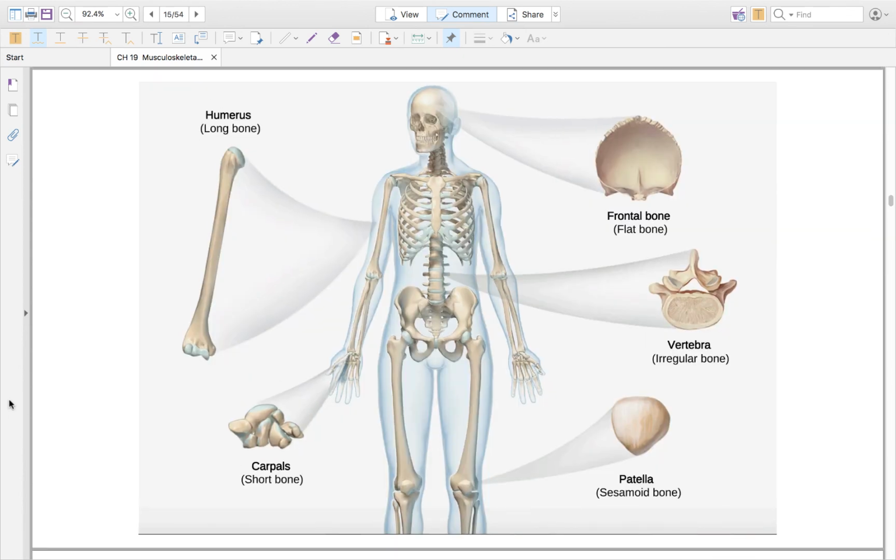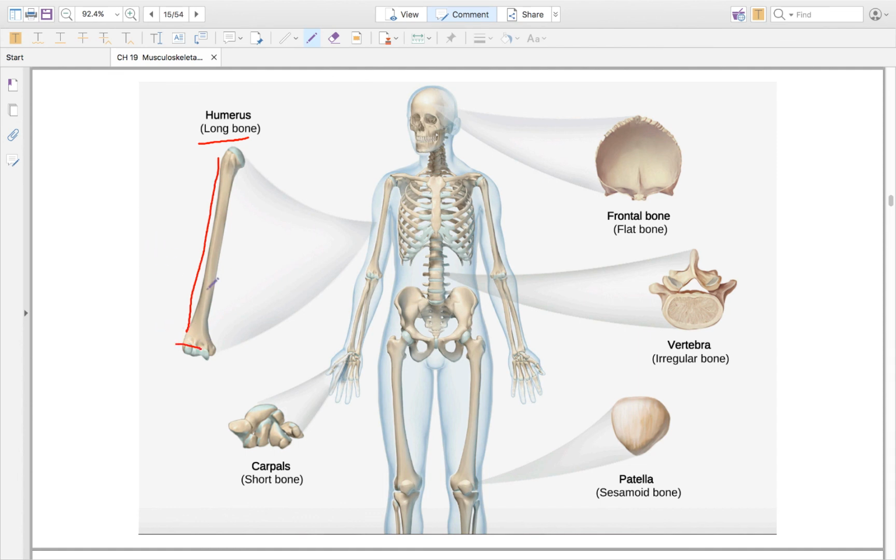Okay, we have different types of bones, different shapes. So we have our long bone, like this. And basically a long bone is not necessarily always long, like the bones in your arm or your leg. Most of them are, but why they're called a long bone is because the length is longer than the width.